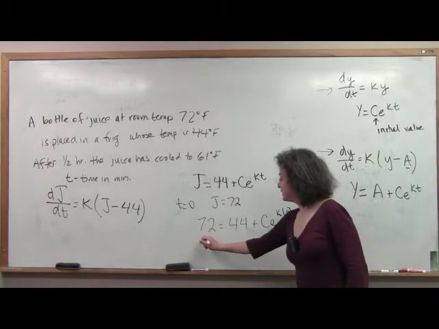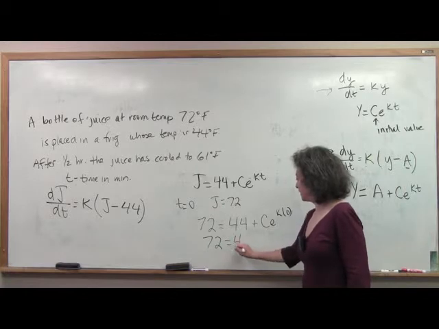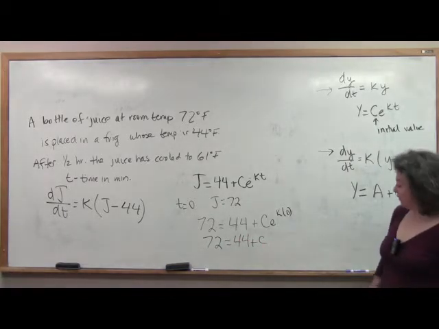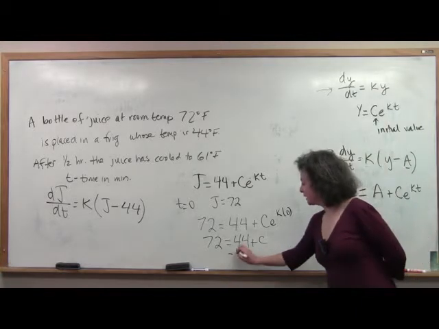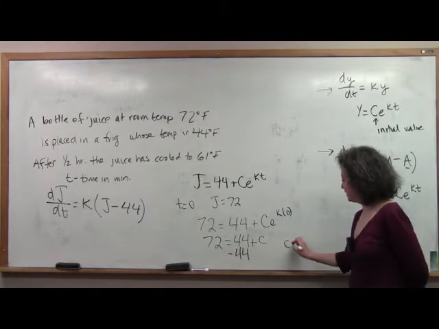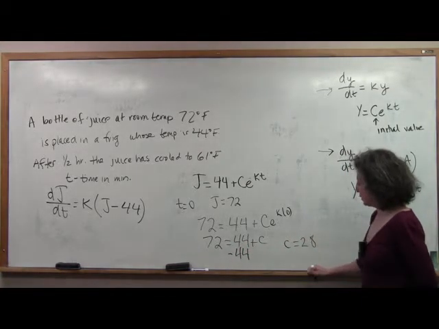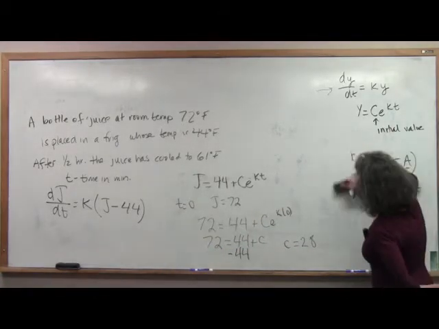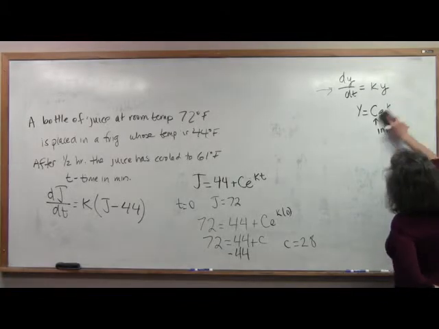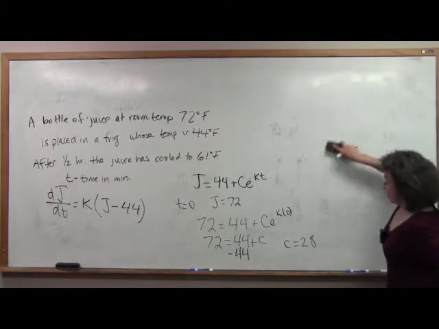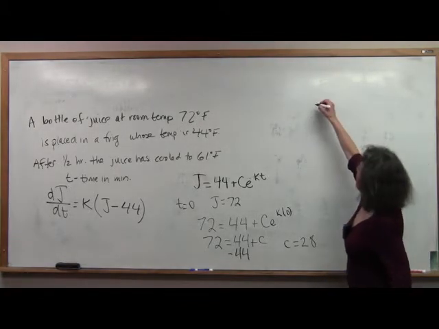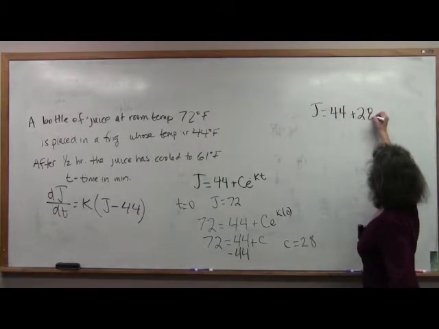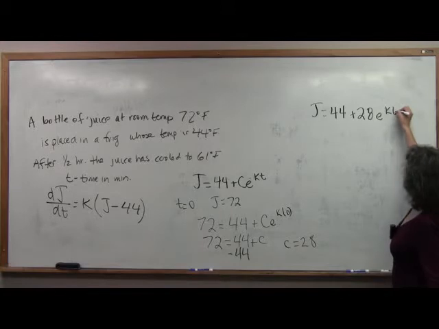So we get 72 is 44 plus C. And we can solve for C by subtracting 44 from both sides. We're going to get C to be 28. So now we have a function of the form 44 plus 28 e to the kt.